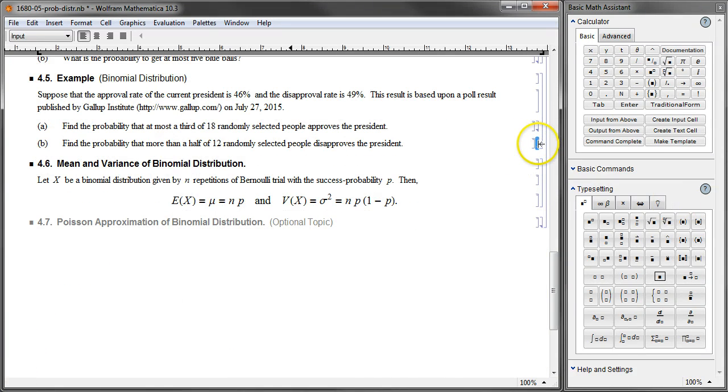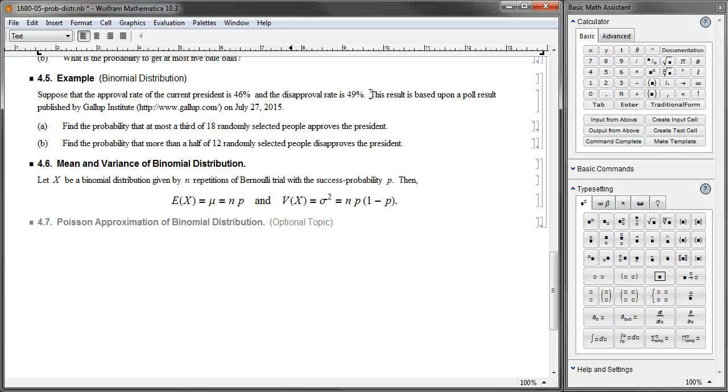Let's go to the next problem here. I think we have sufficient time for that. More than half of 12 people disapprove of the president. So we have to use this one: 49%, 0.49. And then what is half of 12? 6. So more than 1/2.